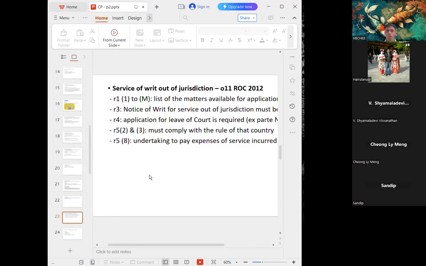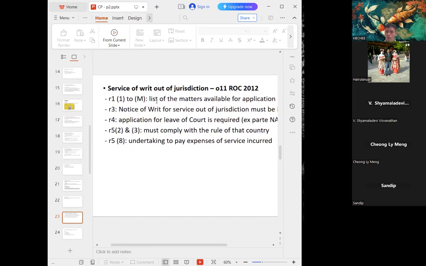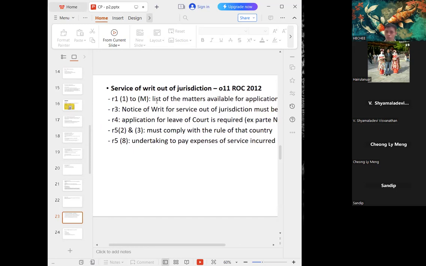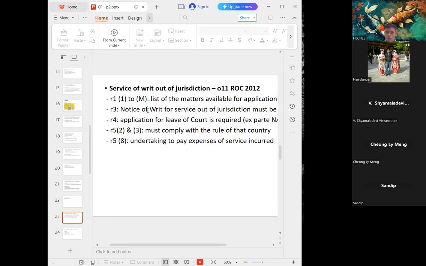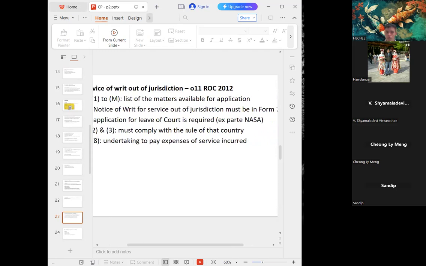So the service of writ out of jurisdiction, which means that you are suing a foreigner. Everything is given under Order 11. Rule 1 is the list of matters available for application to serve the writ out of jurisdiction. Rule 3, the notice of writ for service out of jurisdiction must be in Form 7.